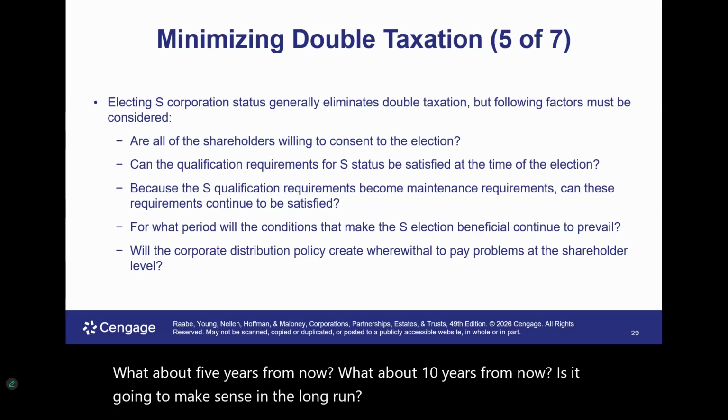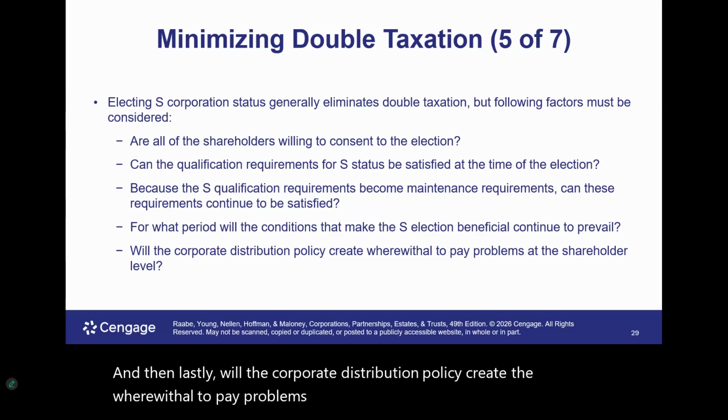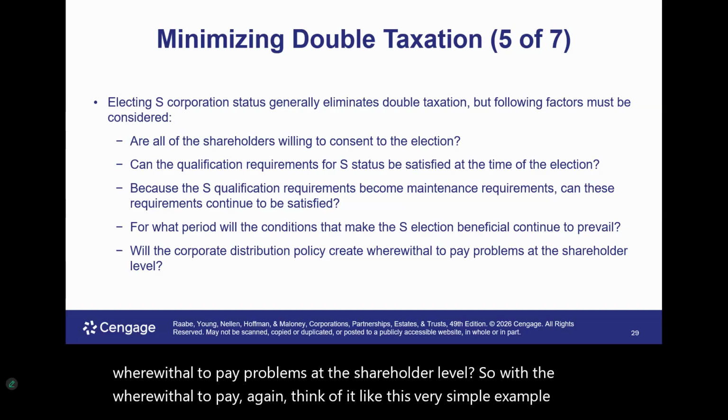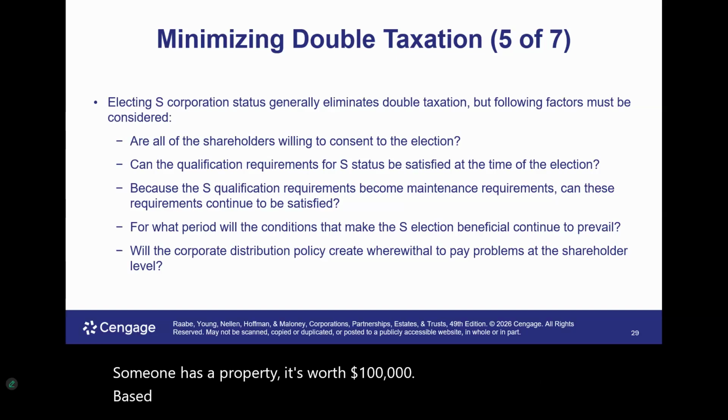And then lastly, will the corporate distribution policy create wherewithal to pay problems at the shareholder level? So with the wherewithal to pay, think of it like this. Very simple example. Someone has a property worth $100,000. Based on the area they're in, the value of the home is now $300,000.